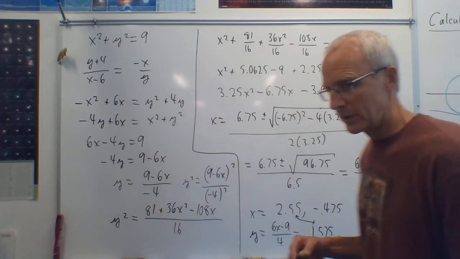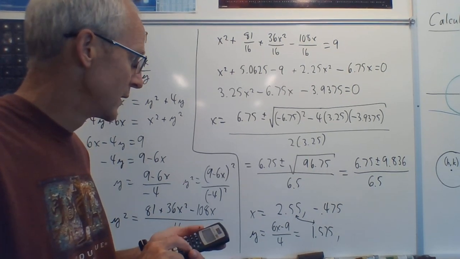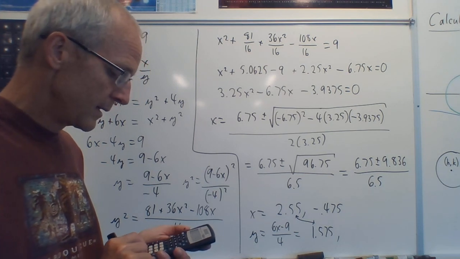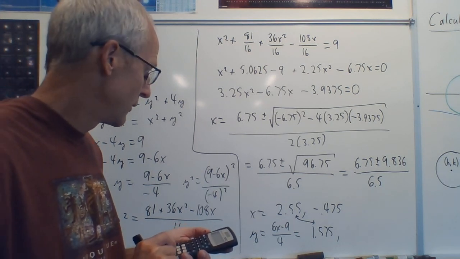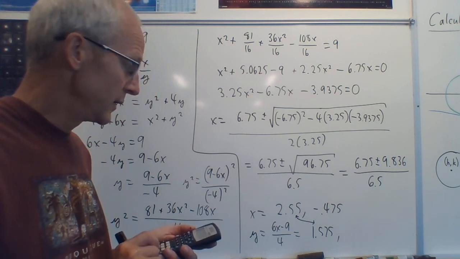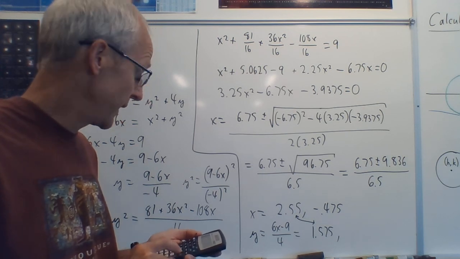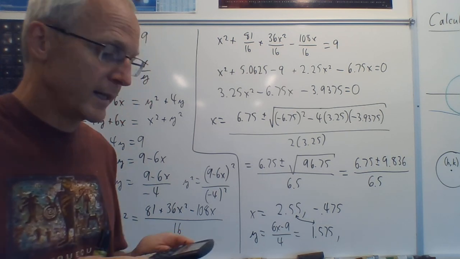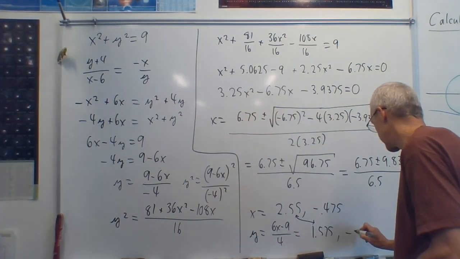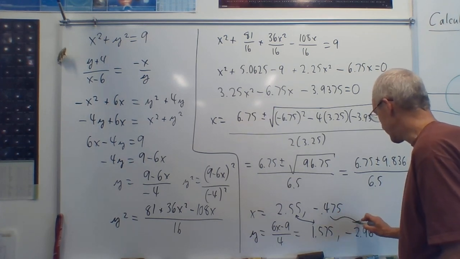Or I plug in negative 0.475 for x. 6 times negative 0.475 equals negative 2.85, minus 9, divided by 4. I get negative 2.96 about. So those are our 2 points.